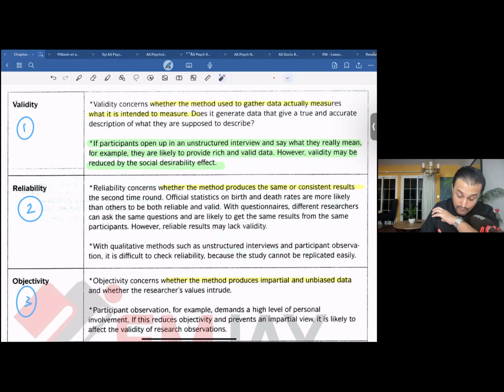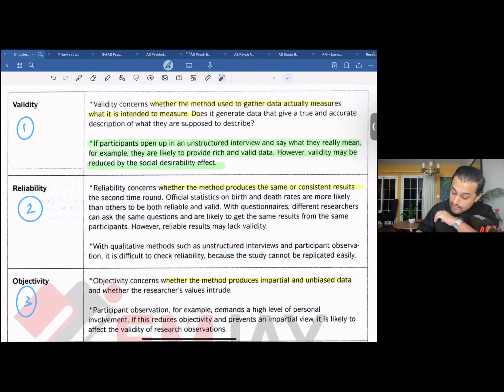Once we have revised what validity is, we move on and speak about reliability. What is a reliable research? A research is referred to as reliable when the researcher has conducted that research on that particular issue more than once and come up with the same conclusion. If you're a researcher, you've conducted a research more than once and you've come up with the same conclusion, we refer to that research as a reliable research.